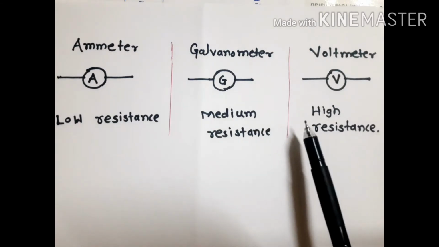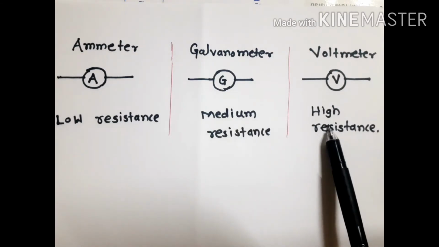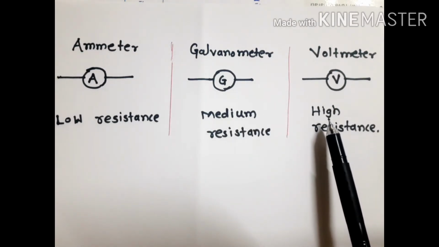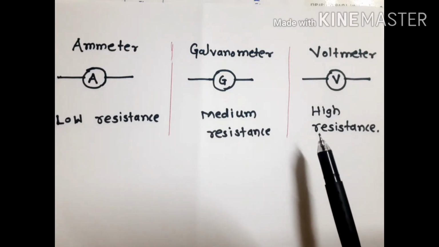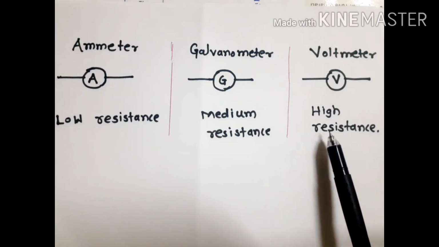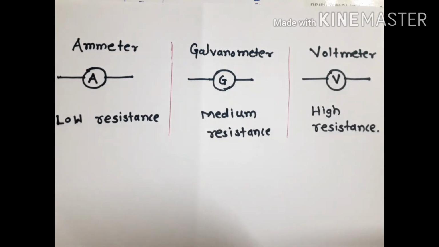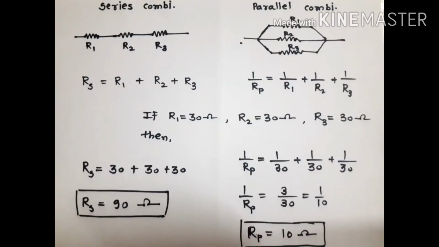And whenever our aim is to convert a galvanometer into a voltmeter, we must increase its resistance, because a voltmeter always has very high resistance. Let us see the series combination as well as the parallel combination of given resistors.